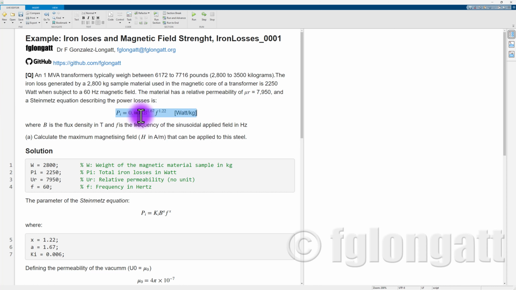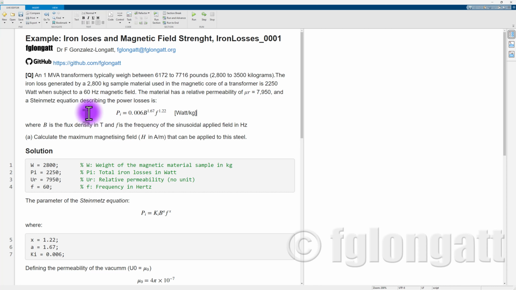We have a coefficient over here. B represents the magnetic flux density. We have one exponent here, and then the frequency in hertz, and then another exponent. Something that you need to note is that this equation is the active power density losses, because in this case, the equation is describing watts per kilogram.